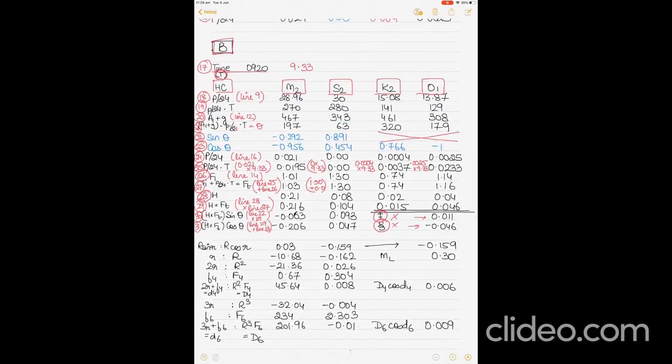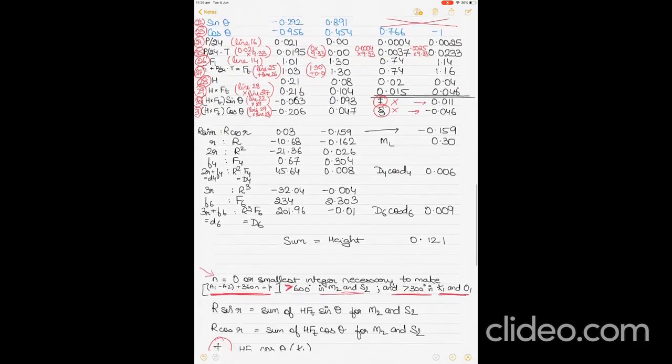You know the HFT value is given in line 29. So HFT cos theta for K1 is H by FT, line number 29, multiplied by the cos theta value given in line 23 for K1 and O1. So get that value from there.